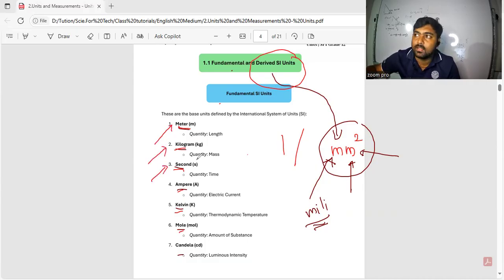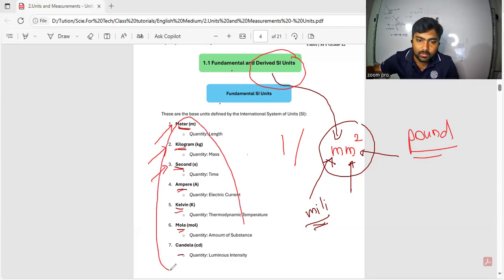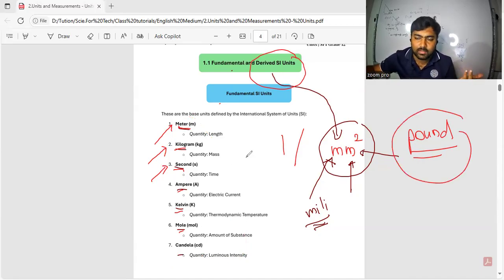That is a must. Think like this: there is something called pound in the British system. Pound is not derived from these, because there is no unit called pound in this system. Understood?